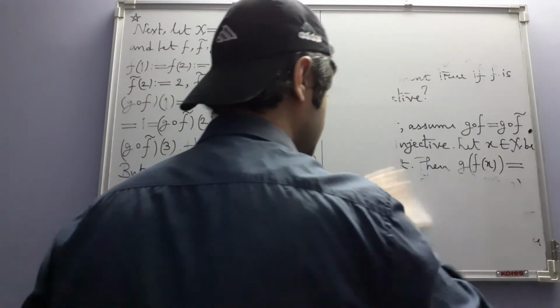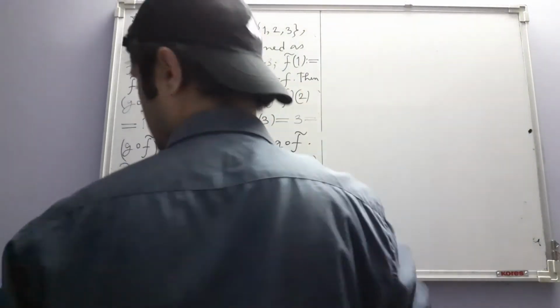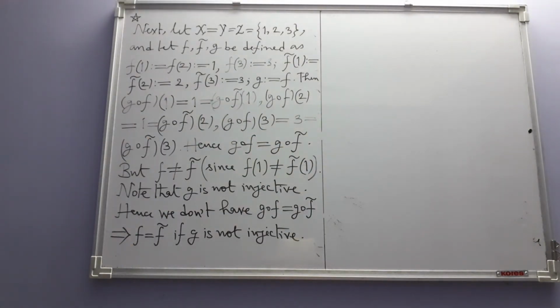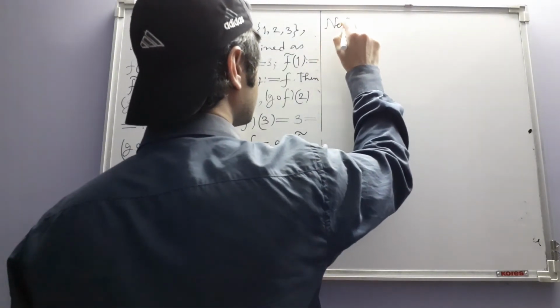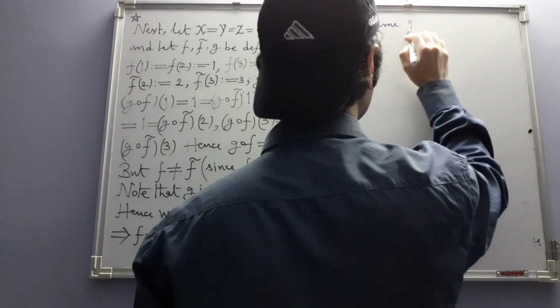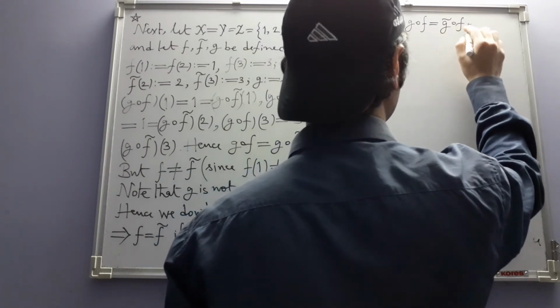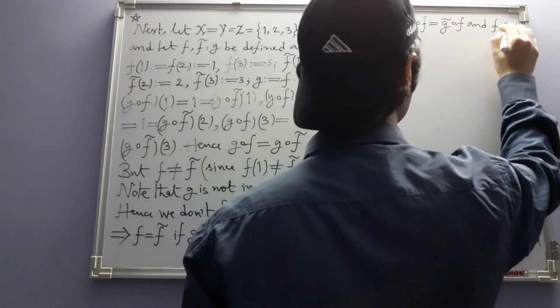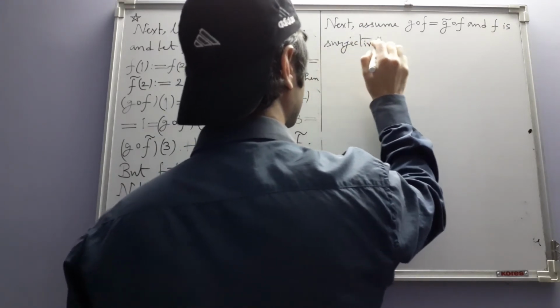And in the second part, we have a similar cancellation law. Okay, so next, assume this: G composition F is equal to G tilde composition F, and F is surjective.